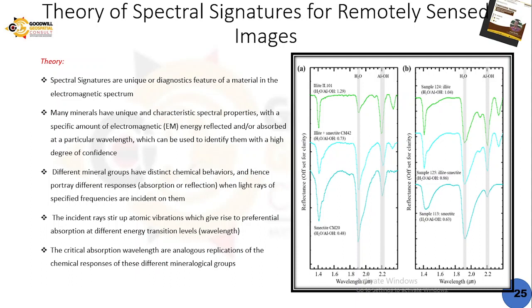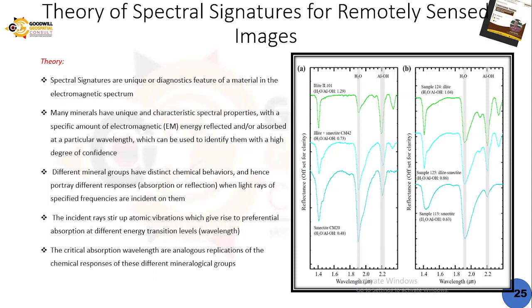In this image on the right, we can see that the deepest absorption wavelength of smectite is around 1.4 micrometers. So 1.4 micrometers is the spectral signature of smectite.